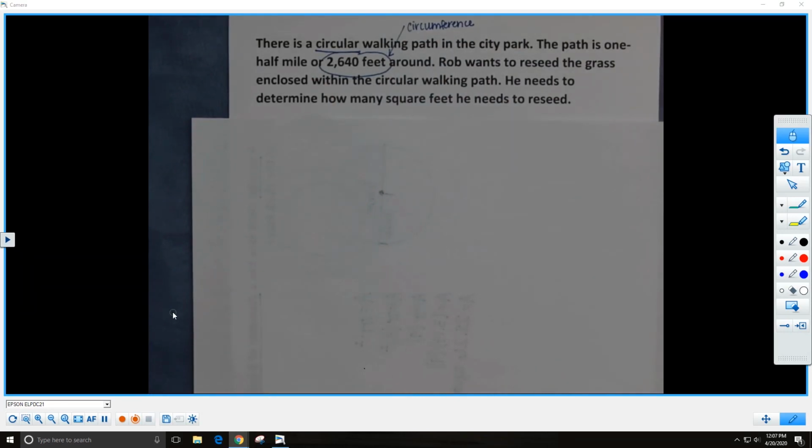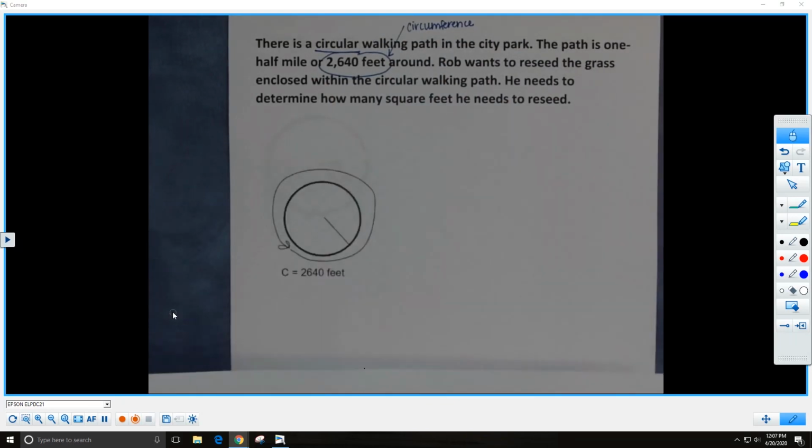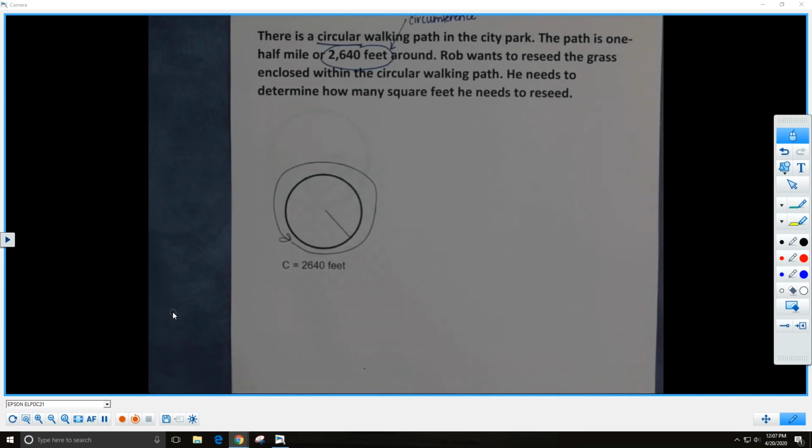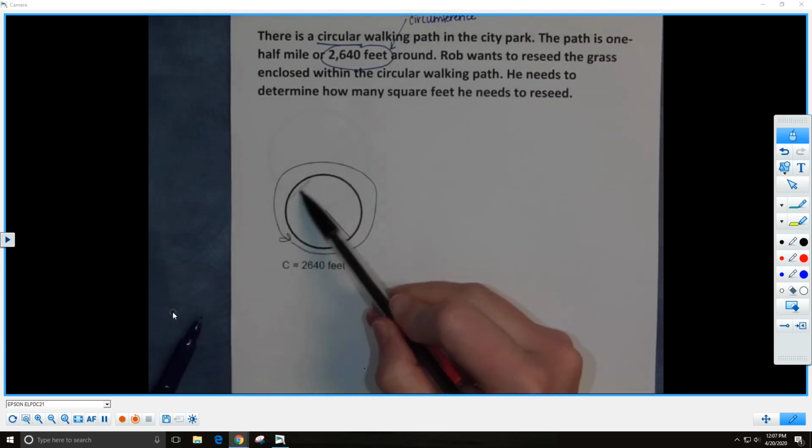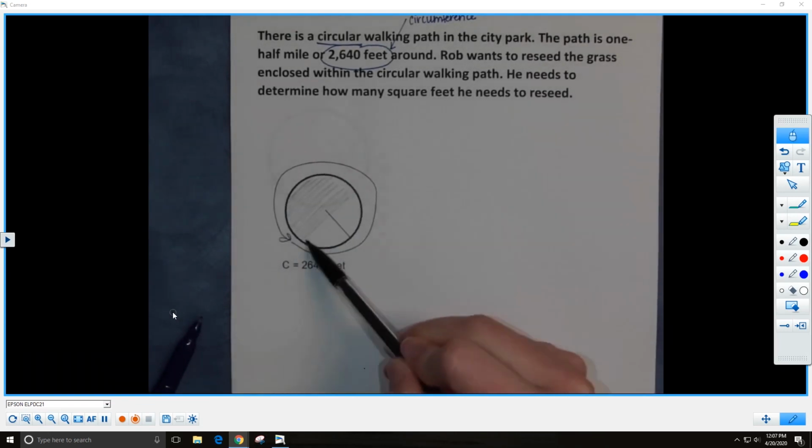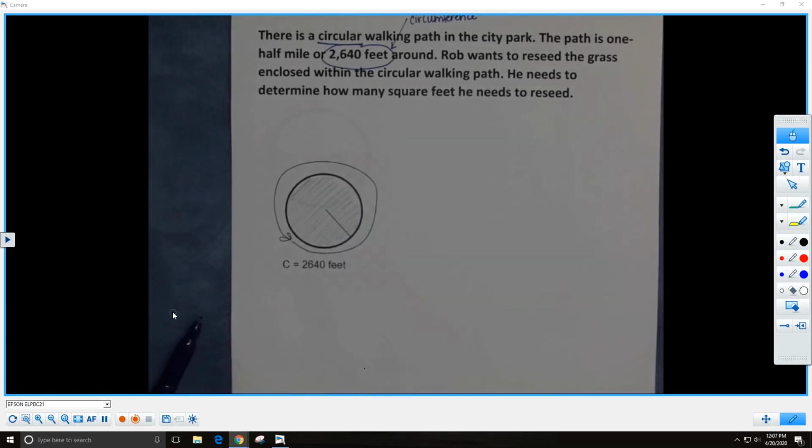Okay, so let's draw a picture. I have one here where we've got our circle. We know that the circumference, which is the distance around that circle, is 2,640 feet. And remember that we want the area, which is how much space that circle occupies.